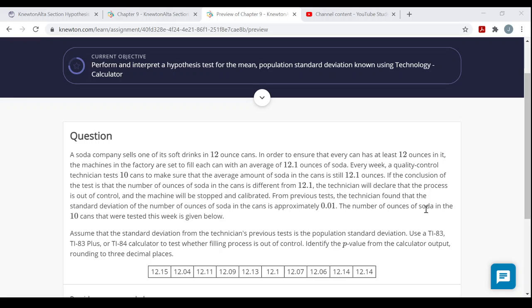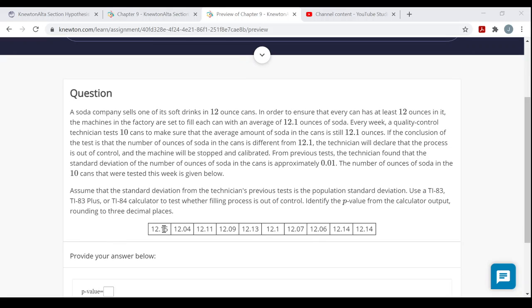The number of ounces of soda in the 10 cans that were tested this week is given below. So we are given actual numbers of ounces in the 10 cans of the sample that this technician took. Assume that the standard deviation from the technician's previous test is the population standard deviation. So like I said, we're going to let 0.01 be sigma.